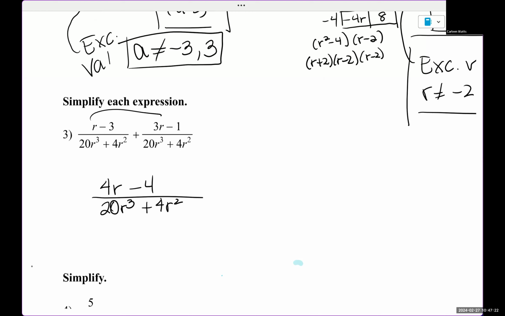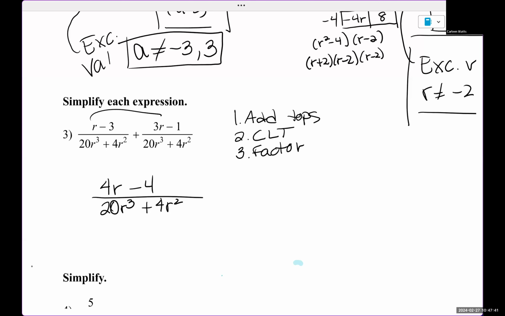Okay. So add the fractions, combine like terms. Add the tops. Combine like terms. Now we're going to factor and try to cancel.